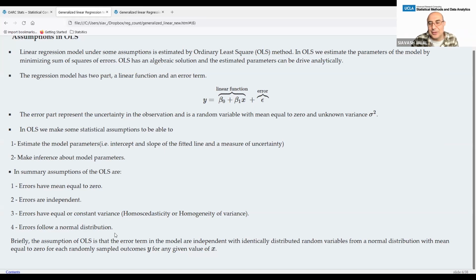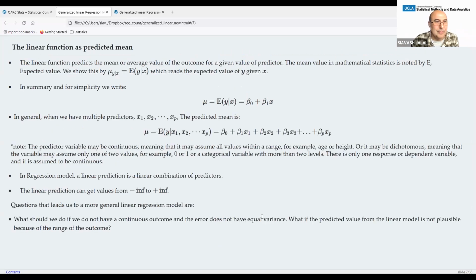The t statistics work fine, the F statistics as well, so those depend on the sample size. But if you have a small sample size, then the normal distribution is important. Okay, so these are the assumptions of OLS. This is a review. You should already know. I'm sure you know.